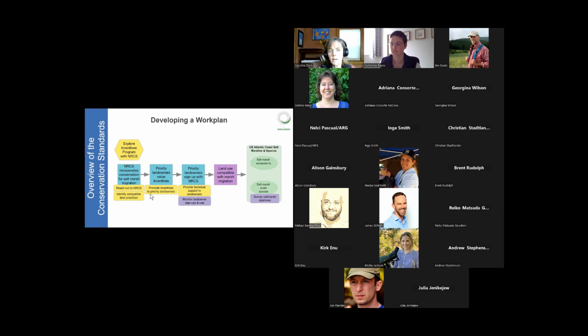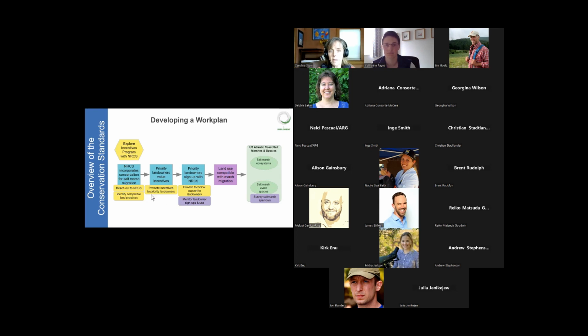So what you're seeing in yellow are the actual actions that are tied to getting that incentives program up and going. But we also in this process say you should be thinking during your implementation and you should be planning for and budgeting for your monitoring activities too.